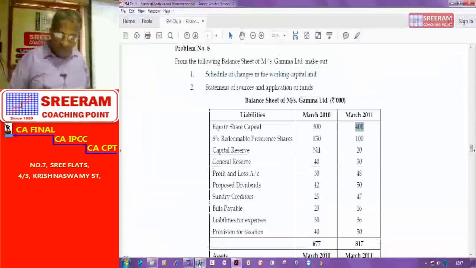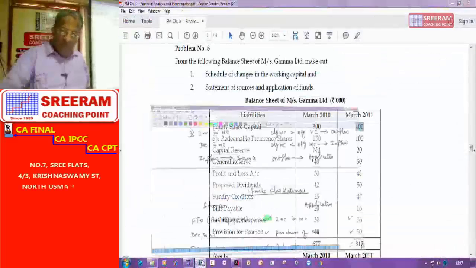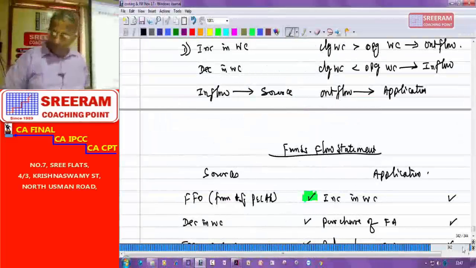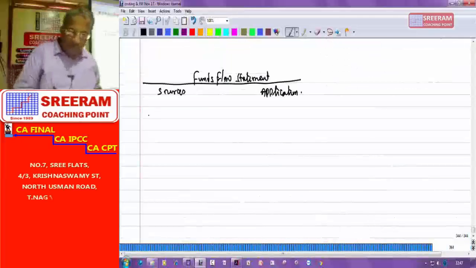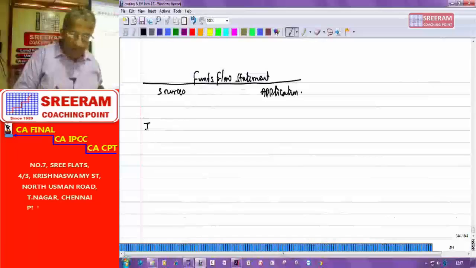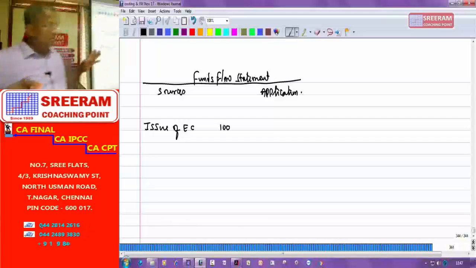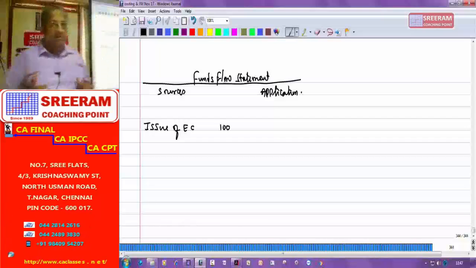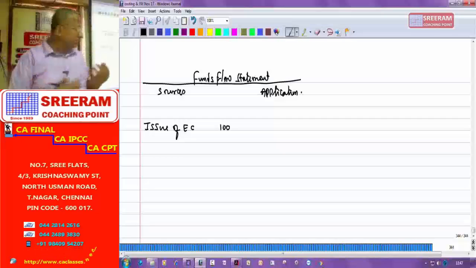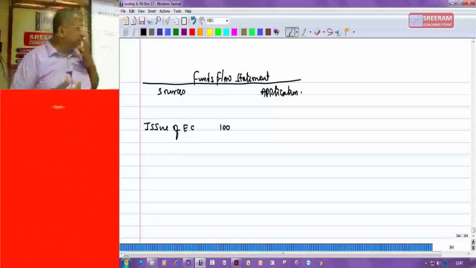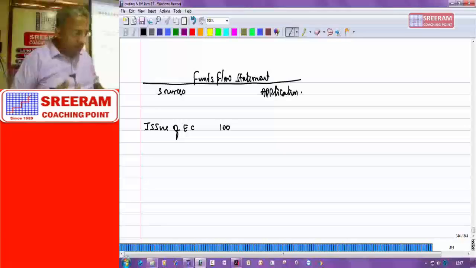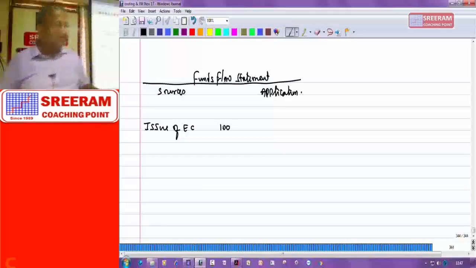So, therefore, I will leave that space there, and the first line I will not update. Issue of equity capital. How much? 100. Are you clear? Don't ask anybody where I have to take it, where it is to be placed. Everything is self-driven.